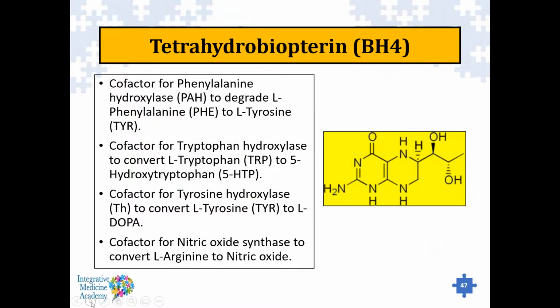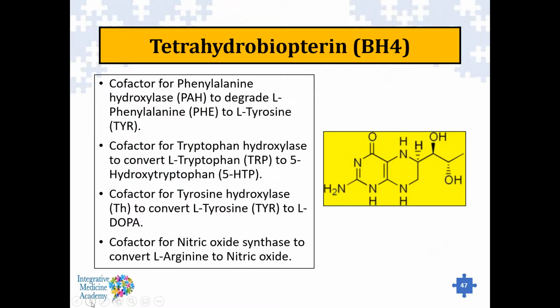And BH4 is a cofactor for these hydroxylase enzymes. Phenylalanine hydroxylase converts phenylalanine to tyrosine. Tyrosine hydroxylase converts tyrosine to L-dopa. We know that L-dopa then goes on to become dopamine.